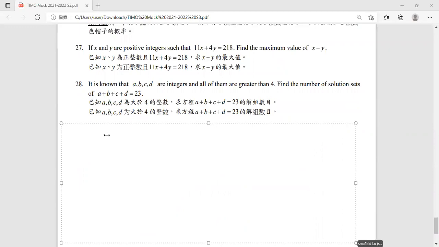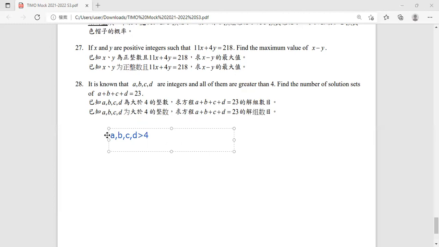So you now know that each is greater than 4. Now I use P, Q, R, S. I set P equal to A minus 4, Q equal to B minus 4, R equal to C minus 4, and S equal to D minus 4.